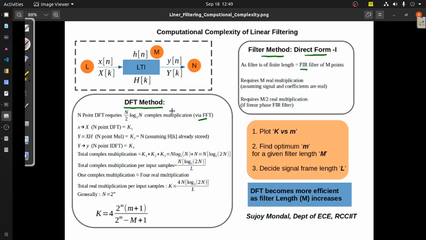So what generally is done if we consider this as an LTI system, where input is x(n), h(n) is the impulse response, and y(n) is the corresponding output. Input sequence length is L, filter length is M, and the output sequence length is N, where N equals L plus M minus 1.